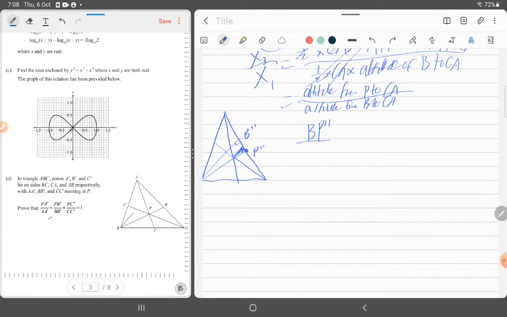Let me just create another triangle here, with P dash dash and B dash dash.